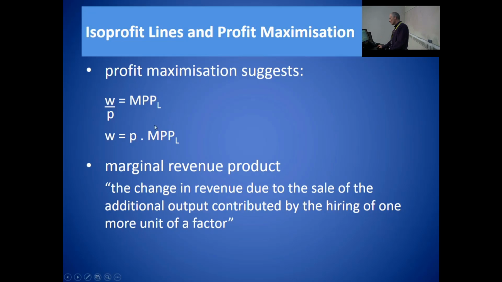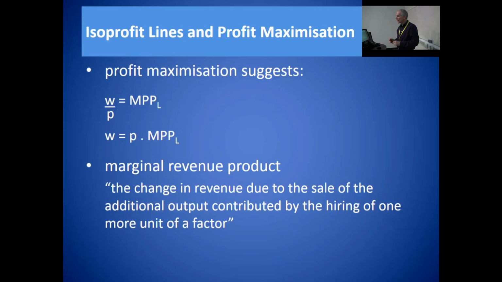So it's equal to marginal physical product times price. What have we found here? We've said that a profit maximising firm, if labour is its variable input, will maximise profits when the wage is equal to the marginal revenue product of labour. That's all that we've got here, and that's uncontentious.